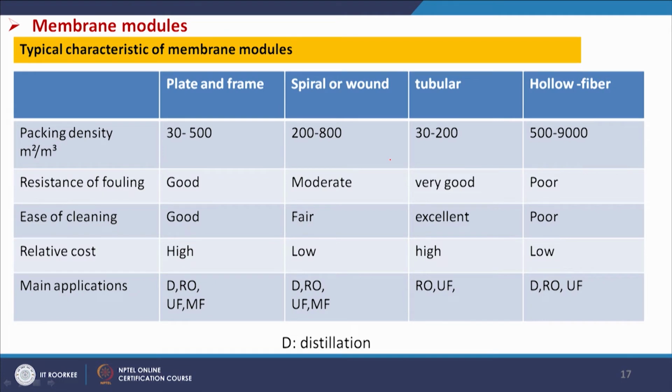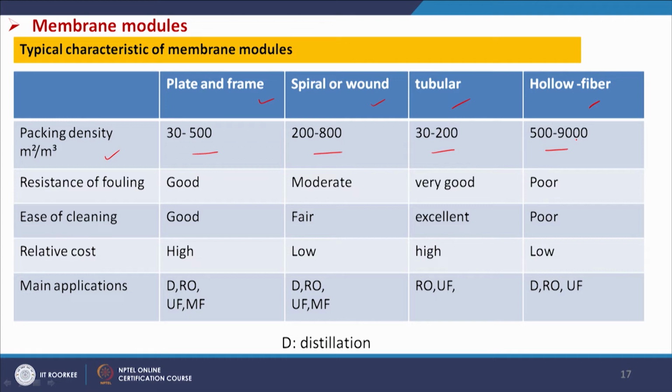Now, typical characteristics of membrane modules, like plate and frame, spiral wound, tubular and hollow fiber. Packing density in square meter per cubic meter: 30 to 500 for plate and frame, 200 to 800 for spiral wound, 30 to 200 for tubular, and 500 to 9000 for hollow fiber.